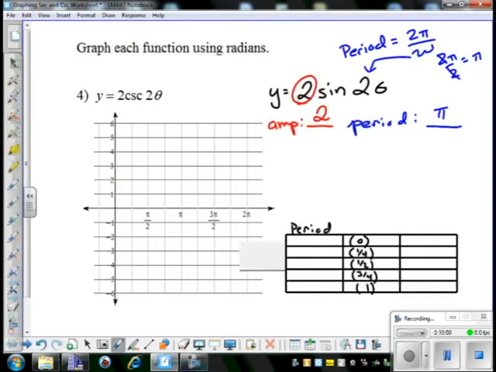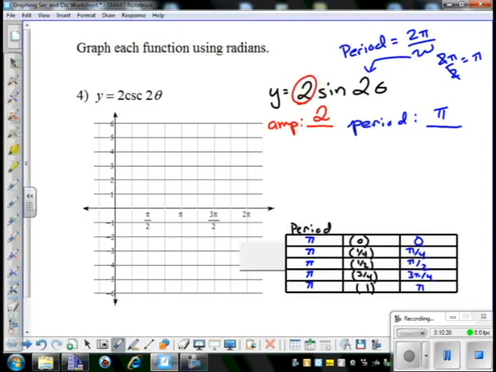Now that's going to change our points on the graph. Putting it into our table, our period is pi. And remember, we always multiply that by 0, then 1/4, then 1/2, then 3/4, then 1. So that'll give us 0, pi over 4, pi over 2, 3 pi over 4, and pi.